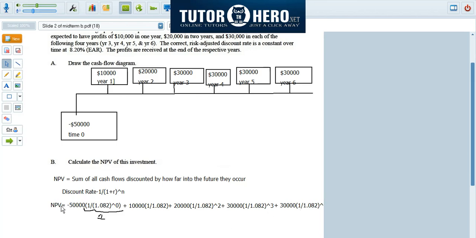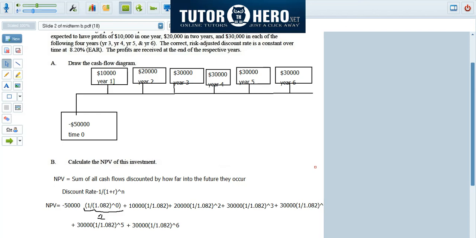So year 5, you get another $30,000, discounted by that to the 5th, and finally, you get one more payout in year 6, $30,000 times 1 over 1.082 to the 6th. So that is your net present value.